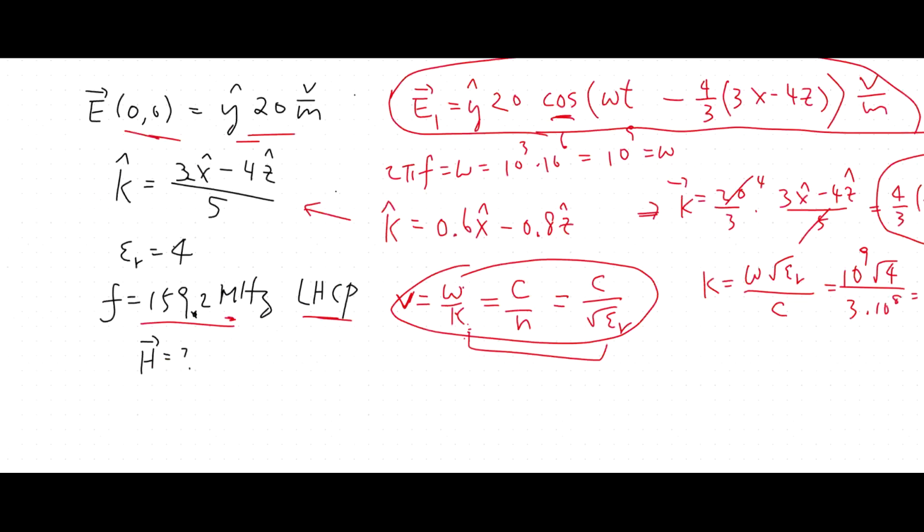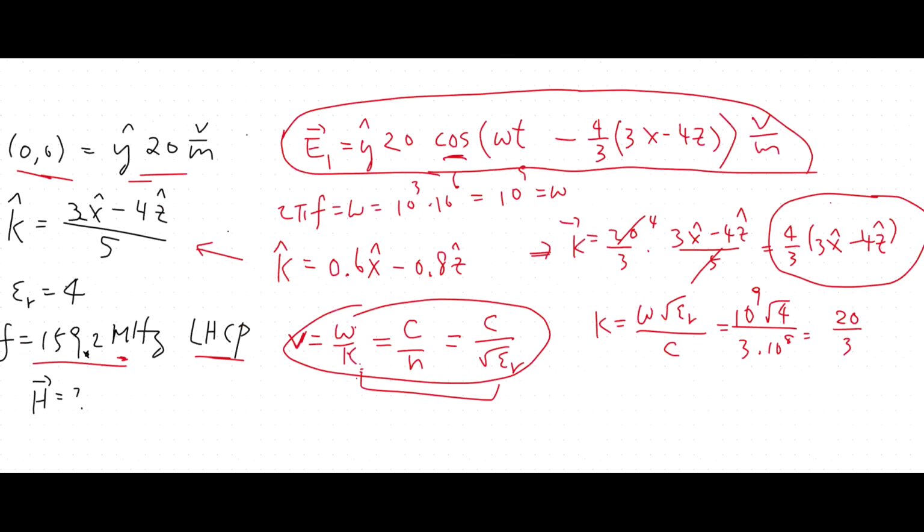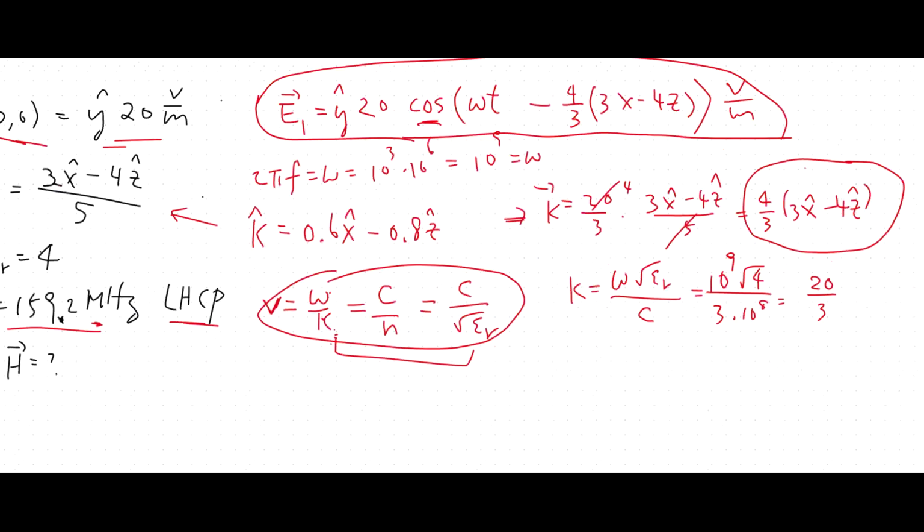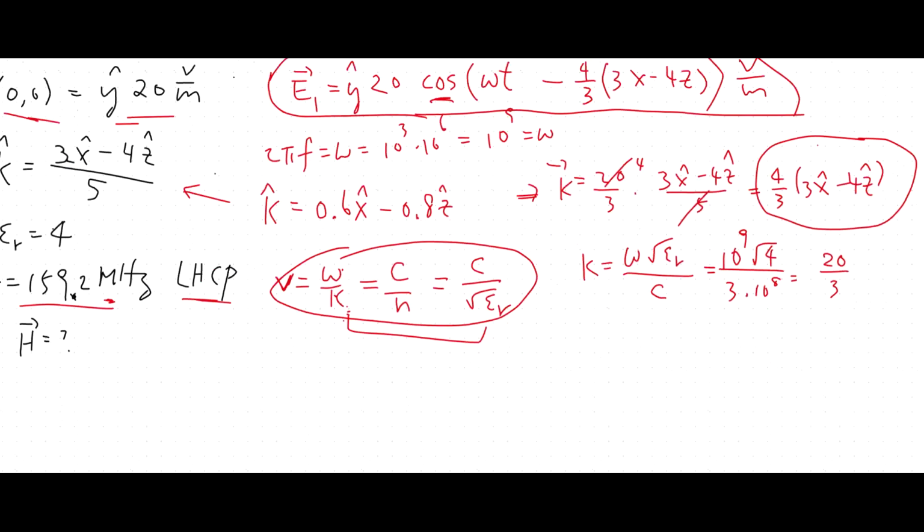You have a question? Why is v equal to c over n, and why is c a velocity? Remember in physics 52, the index of refraction is defined as the ratio of the velocity of light in vacuum versus in a material. That is defined as the index of refraction. It tells you how much light bends when your light gets into that medium.